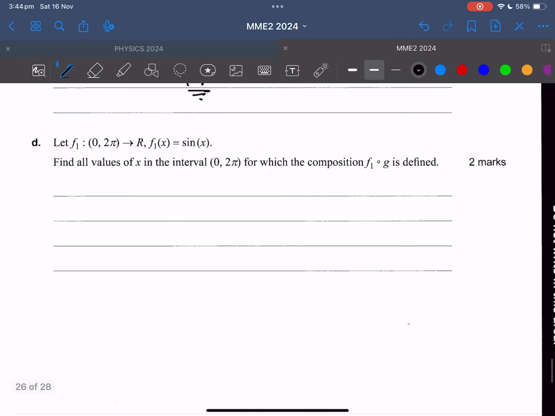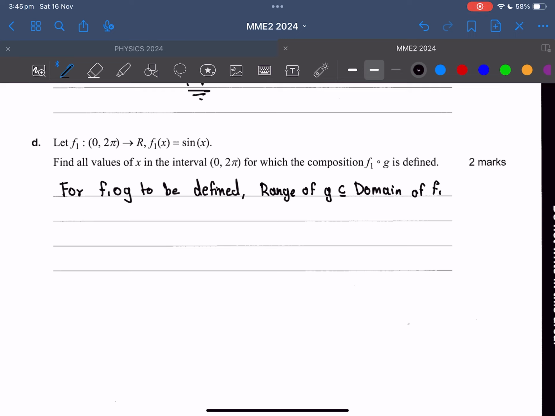But if I want f1 of g of x to be defined, I'll need the range of g to be a subset of the domain of f, basically. So I'll write that down. So for f1 of g to be defined, the range of g has to be a subset of the domain of f.